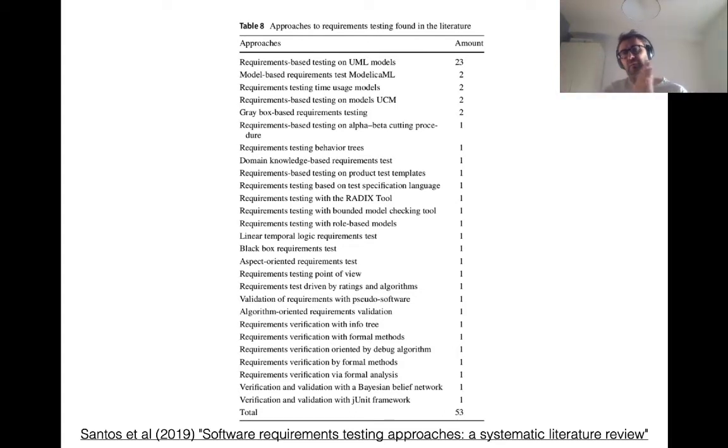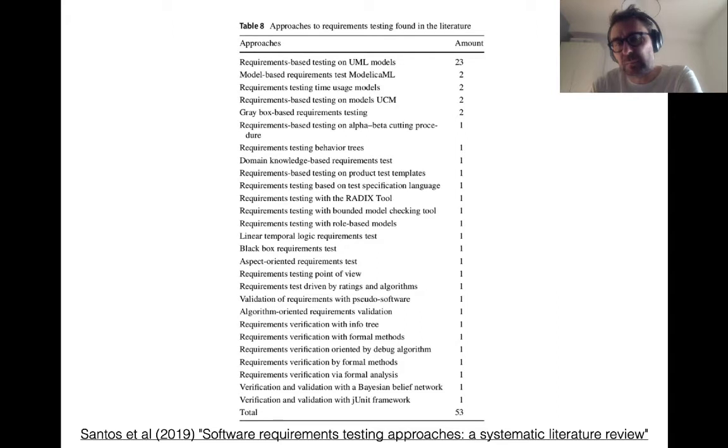This can be done automatically or manually, but often it's semi-automatic. You get a structure of a test case, and then you may need to fill in some details to get an actual test case. Some techniques are more automated, but they often require a more detailed model. So that's just an overview.